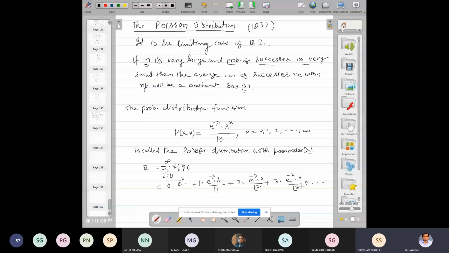Now you see here lambda e to power minus lambda is common.